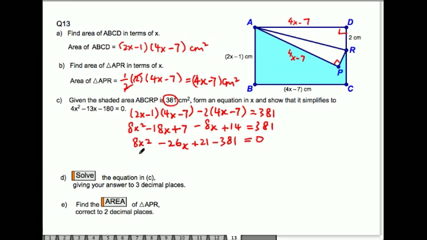We simplify it further: 8x squared minus 26x minus 360 equals 0. Dividing by 2, we will have 4x squared minus 13x minus 180 equals 0, as shown.